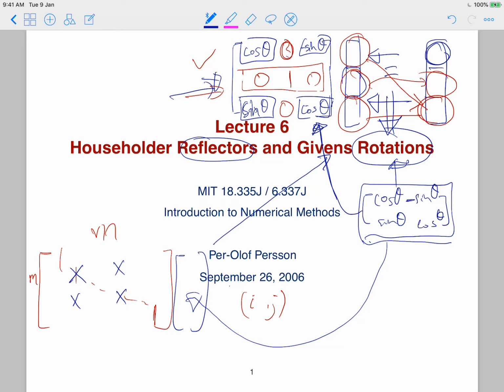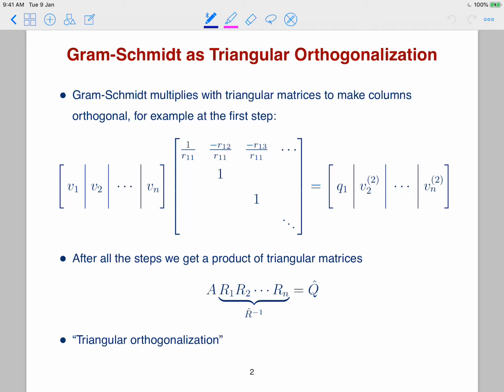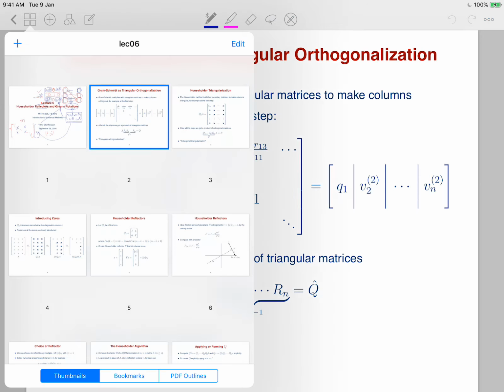In the case of Householder reflectors, just like the projection and the rotation, both of which are represented as matrix multiplication, this reflection can also be represented as a matrix multiplication, which means that the reflection is also a linear transformation.